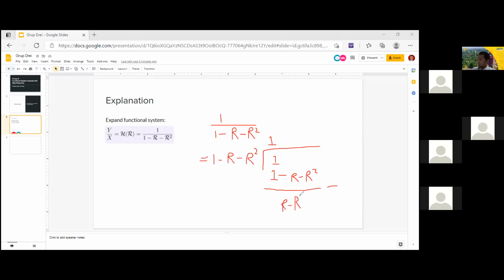This is too large, I think, the writing. Here we multiply again by R to accommodate R. Then we subtract, continuing the same process.